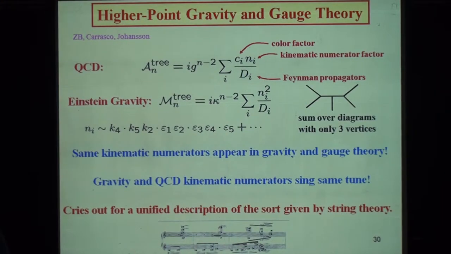Now, okay, so that's, you say, oh, that's very nice, very amusing. There's this very curious relation between coloring and kinematics, and okay, very nice. But what are you going to do with it? Well, here's what we do with it. Gravity.